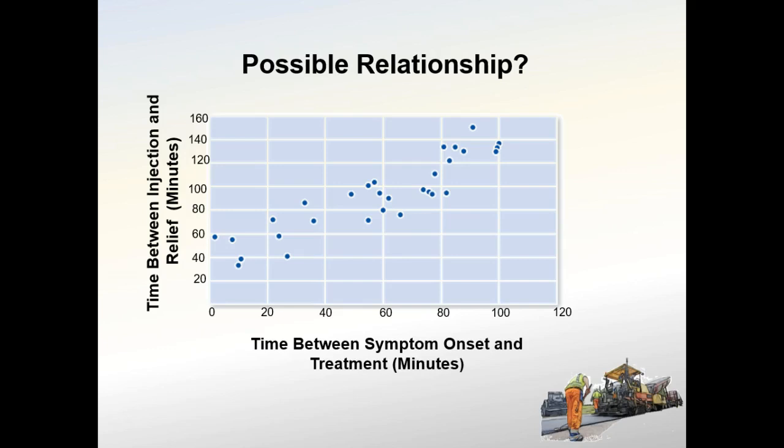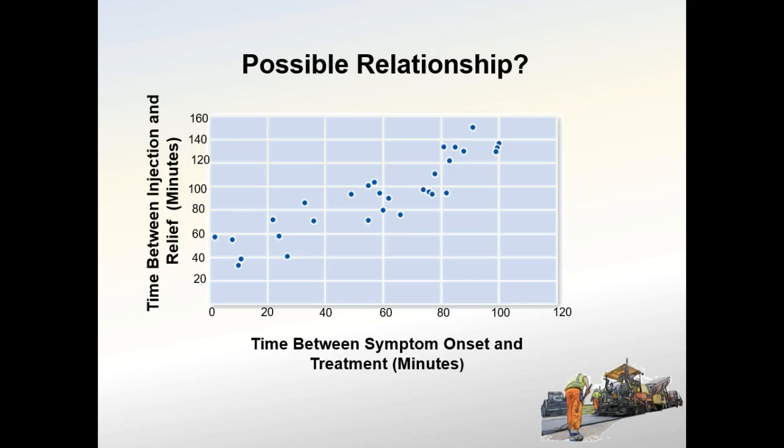Here the dependent variable is the delay between a drug's injection and the relief of the patient's symptoms, or the needle to symptom relief time. So figure 4.2 suggests a distinct association between this variable and the delay of the same injection from the onset of the patient's symptoms, or the symptom to needle time, for 30 patients.